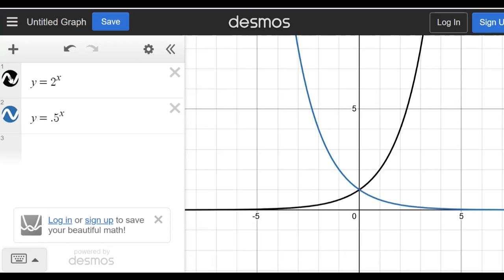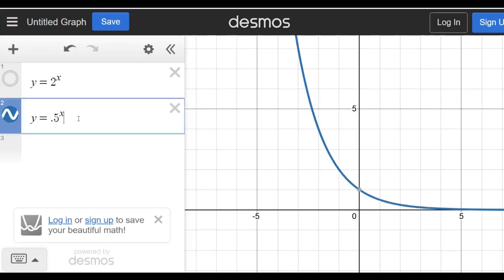Remember, 2 to the x, let's turn that back on. 2 to the x is an increasing function because 2 is greater than 1, so the function's going to grow. 0.5, this function over here on the left, is between 0 and 1, so that's a decreasing function. And in fact, you can see that very clearly on the graph. It's decreasing. Notice how there's no c term, so the horizontal asymptote is the x-axis.